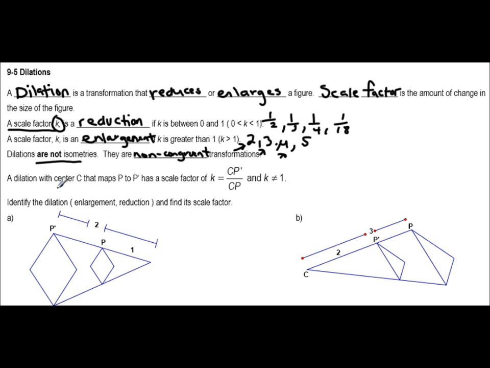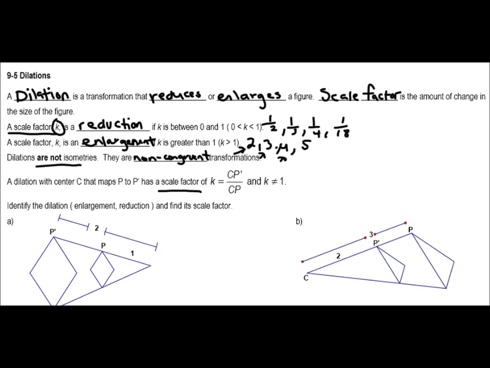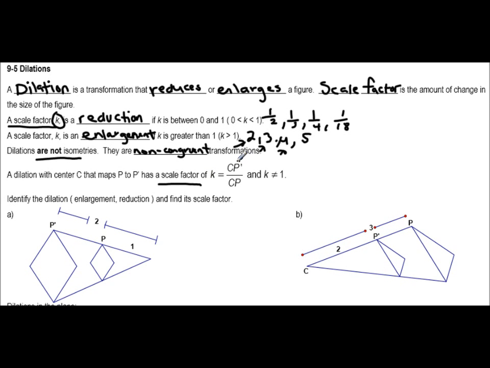So we can figure out what the scale factor is when we have a dilation by taking the dilated image over the pre-image. Their size gives us the scale factor.